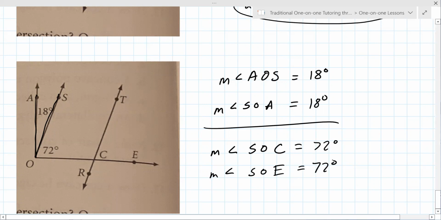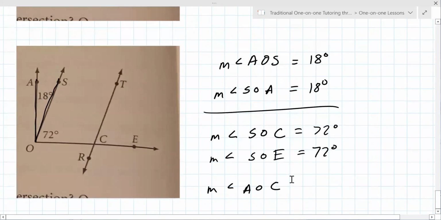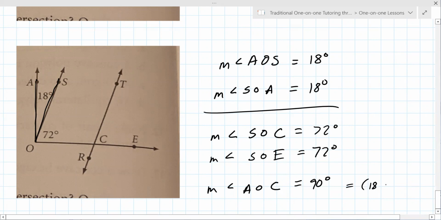Now, how about the measure of angle AOC? AOC, 72 degrees. Try again one more time. Oh, wait a second. 90 degrees. Yes, because you're adding them up. It's 18 plus 72.